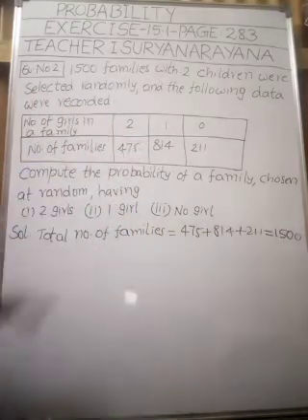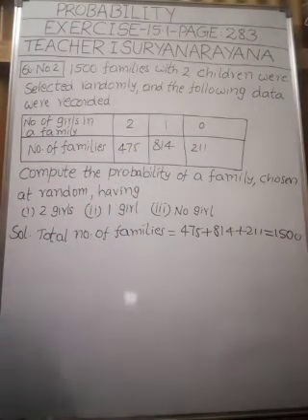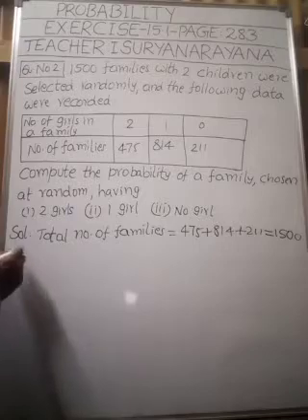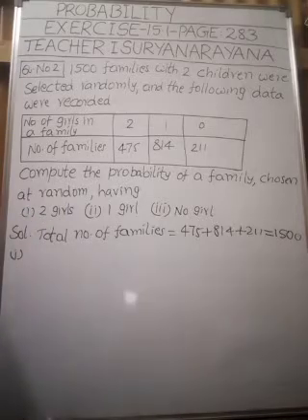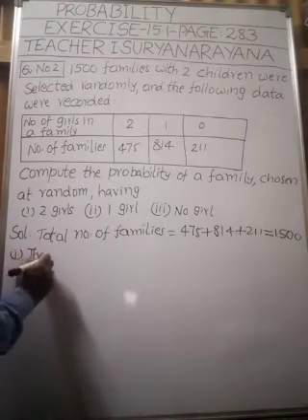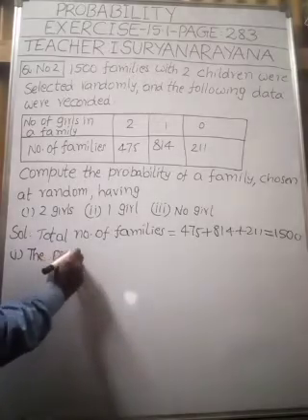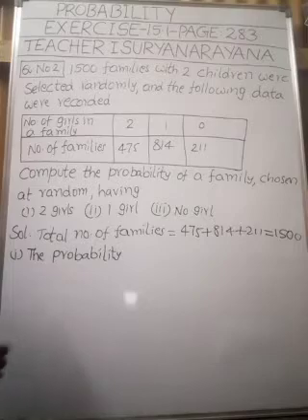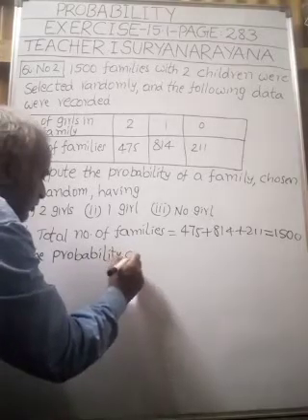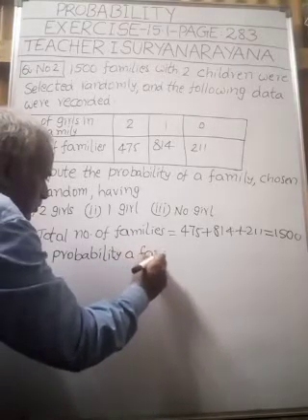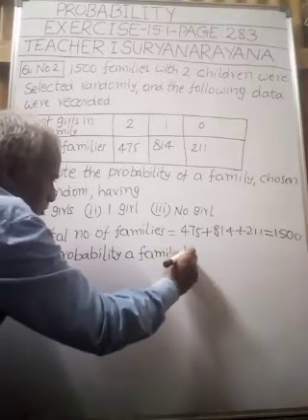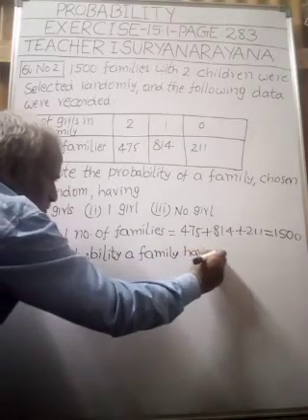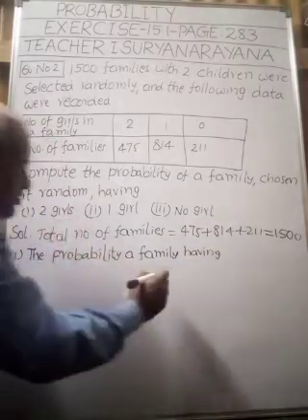Total 1500 families were chosen. Okay, my children? Right. Now, what is the first question? 2 girls. So, the probability of a family having 2 girls.